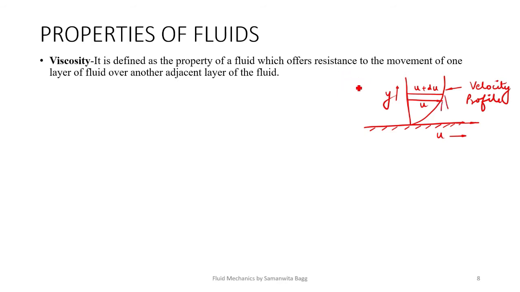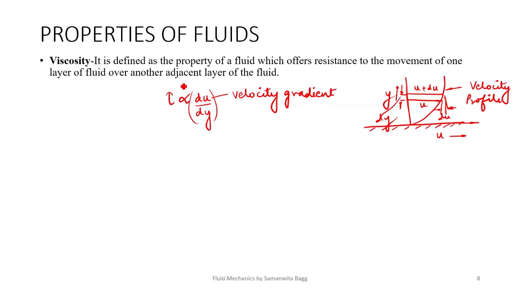So this change in velocity is du, as you can see, and these two layers that I'm talking about, say they are placed at a gap of dy. Now it is observed experimentally that the shear stress that is applied by these layers on each other is directly proportional to the velocity gradient. This du by dy is called the velocity gradient, because you can see over here this is nothing but du, that is change in velocity from one layer to another.